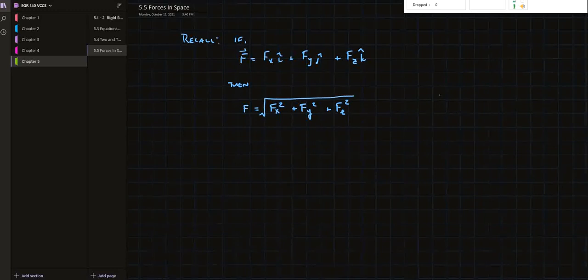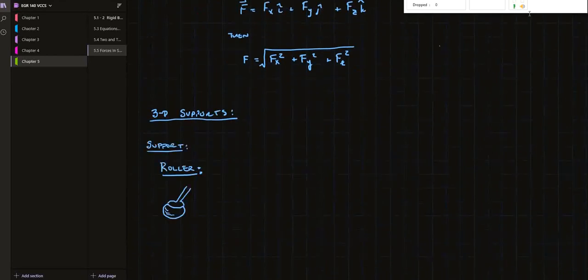So in 3D, let's look at our 3D supports and how our basic supports have changed a bit. They haven't really changed, but let's add the extra dimension to them. So first off, let's go with the roller. So it's a roller like on a 2D surface.